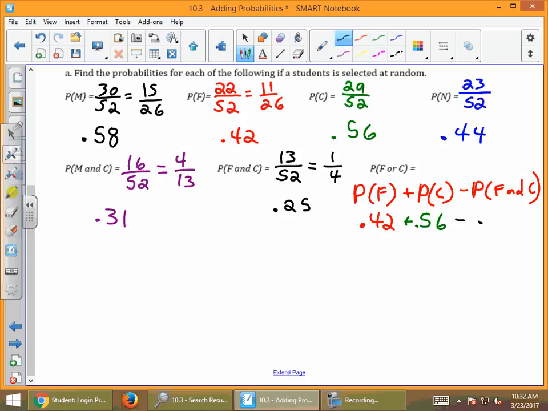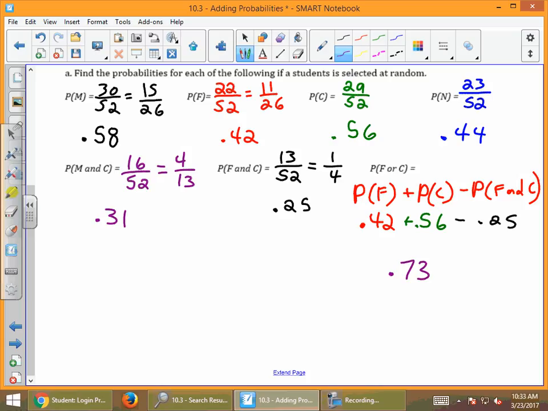Minus 0.25. And when I do so, I will get the probability that it's a female or going to college. So 0.42 plus 0.56 minus 0.25 is 0.73. Move that decimal over twice, you got a 73% chance of picking a female or someone going to college.